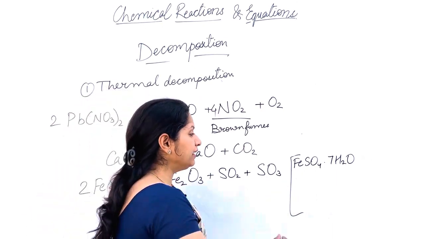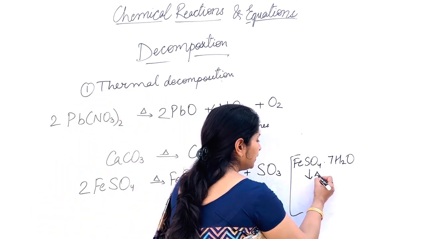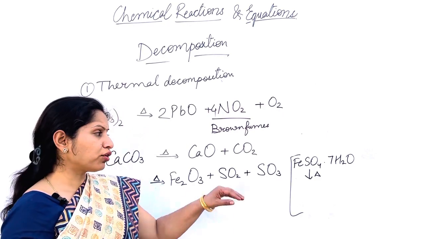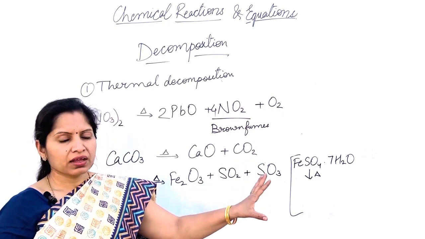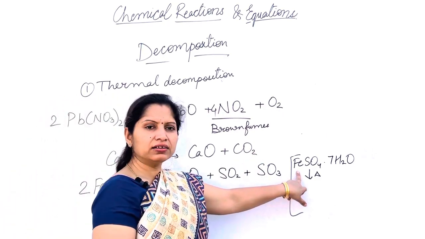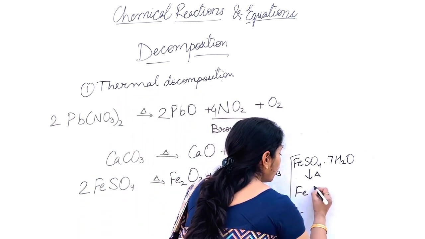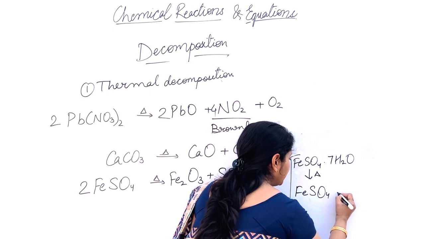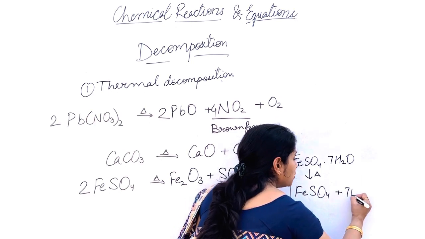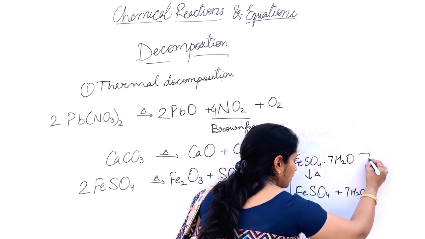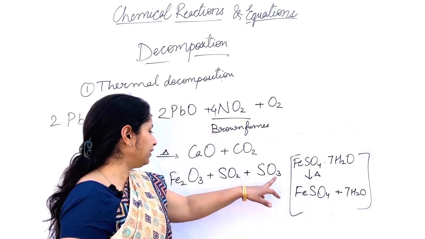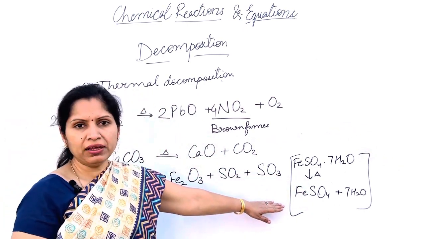So if you start heating them, first this water of crystallization will be removed. Ferrous sulfate is green in color and it will turn colorless because of this removal of water. Then we'll get ferrous sulfate, water will be separated out, and when we continue to heat it, this reaction will happen.